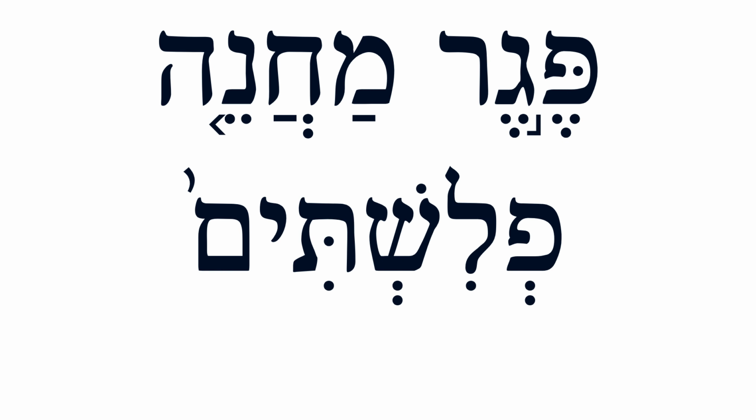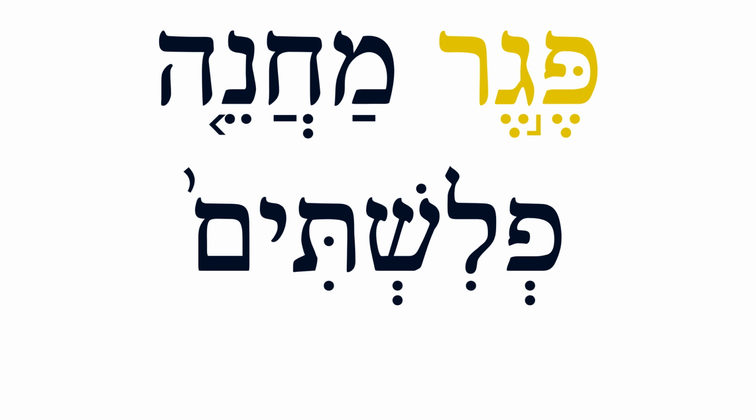Here's one more construct phrase from our chapter. Beged machane pelishtim. This is a three-word construct phrase. The beged of the machane of the Philistines, pelishtim. Construct phrases can have as many words as necessary. You'll see some with 3 or 4 words in the Bible.